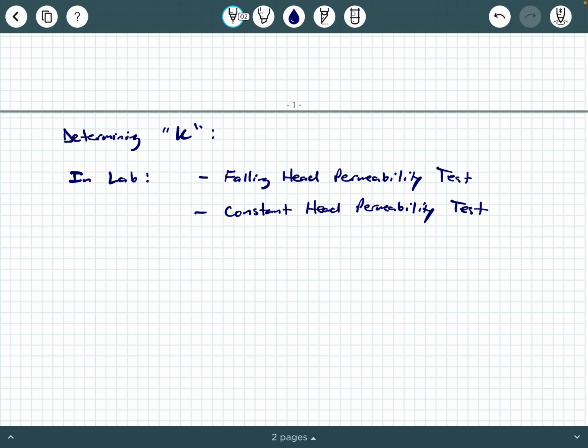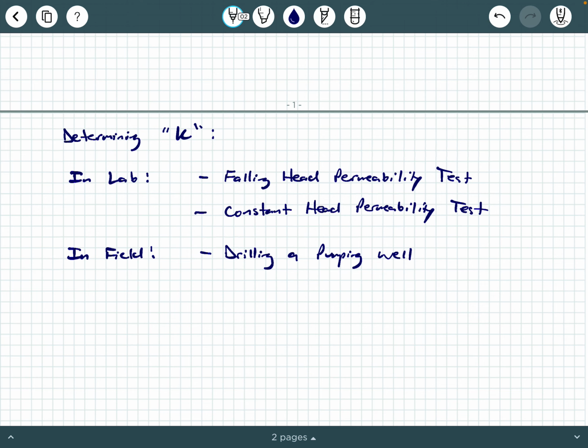In the field, we can do this by drilling a pumping well. Now, pumping wells and the calculations and the theory behind that can get quite complicated, and how you go about performing that analysis will depend on if you have a confined or unconfined aquifer.